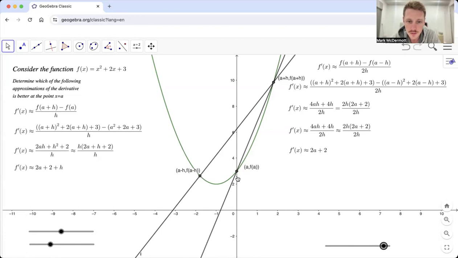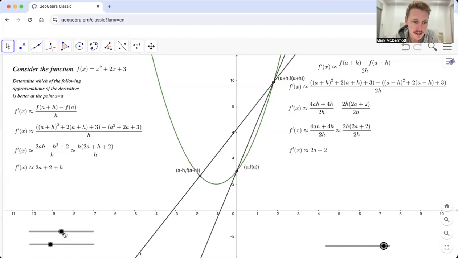Remember, if here is a minus h and here is a, then this distance is h. And then from a to a plus h is also a distance of h. So you're doing y2 minus y1 over x2 minus x1, thinking about it in terms of a simple gradient situation. Okay, and so you get that.